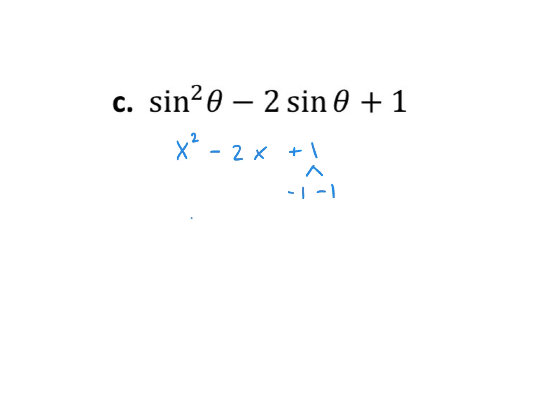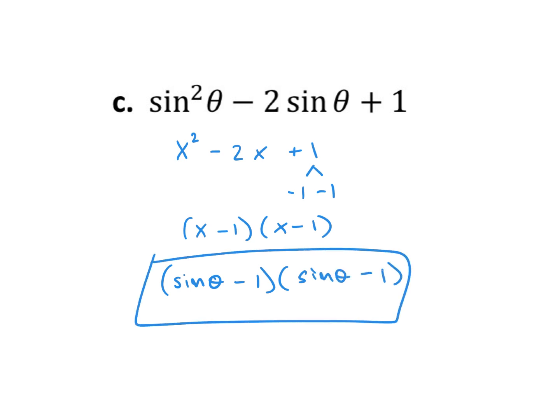Negative 1 and negative 1. So this would factor into x minus 1 times x minus 1, which because I replaced the x's with the sines, in my answer, I would just have to replace the sines back in. So I have sine minus 1 times sine minus 1.